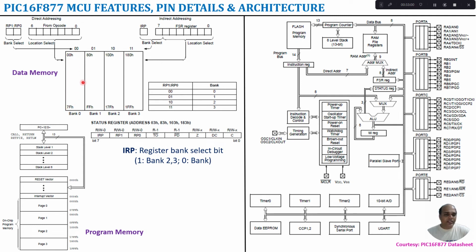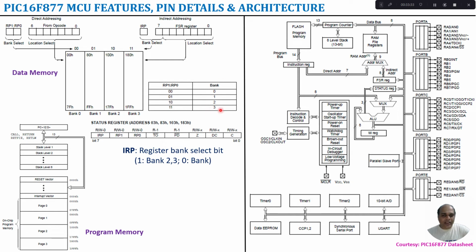So 7 bits are for the address, and the remaining 2 bits, coming from RP1 and RP0 in the status register, are used for bank selection. Bank 0 is selected by 00, bank 1 by 01, bank 2 by 10, and bank 3 by 11.